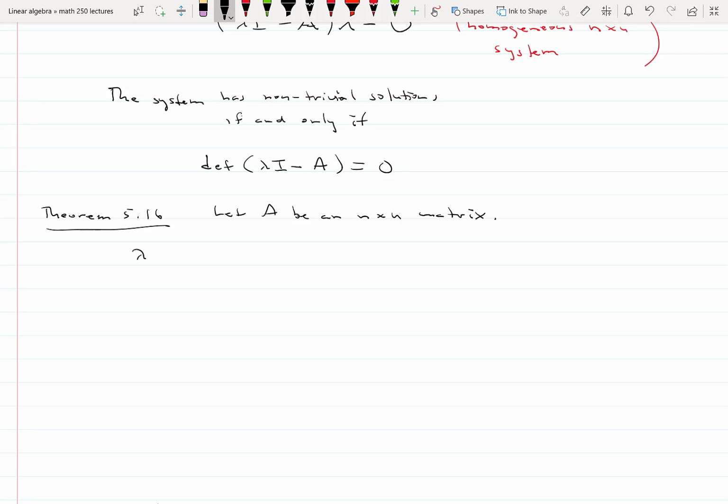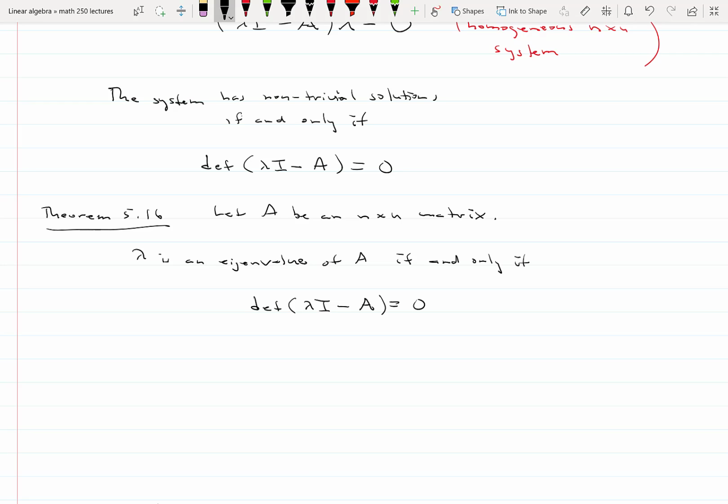Lambda is an eigenvalue of A if and only if, and this is kind of revealing the method by which we find the eigenvalues, if and only if the determinant of lambda I minus A equals 0.